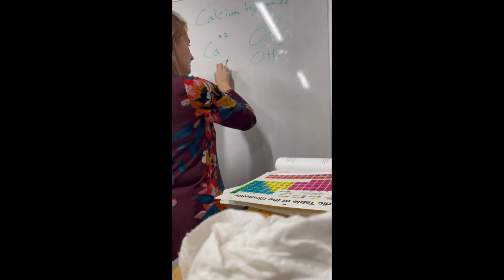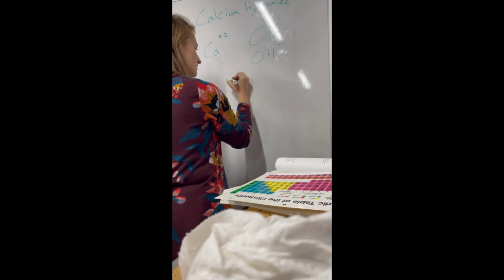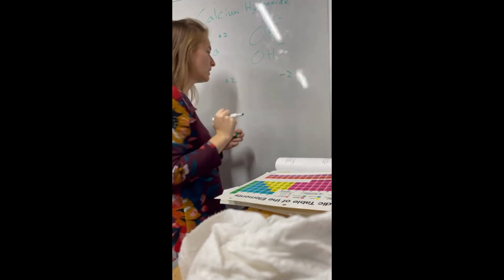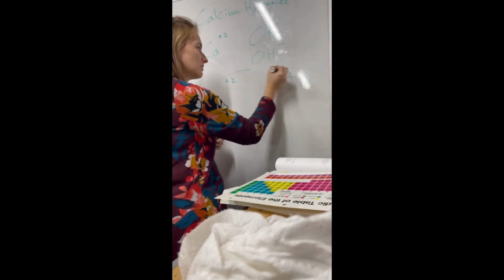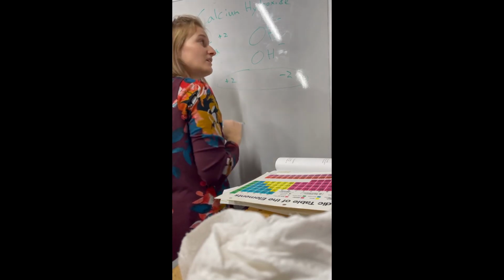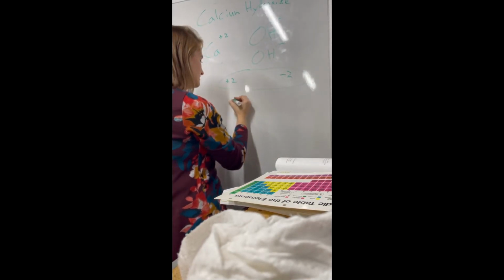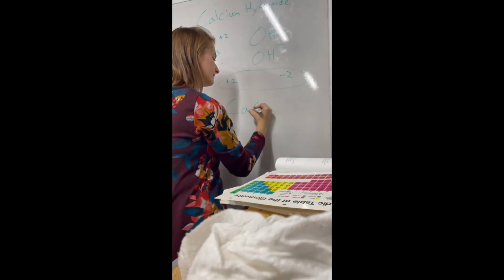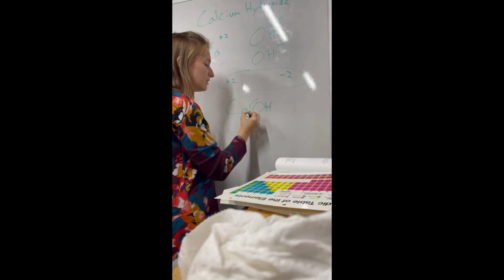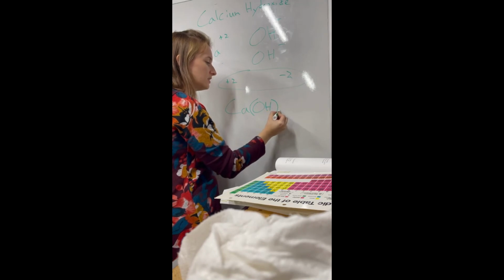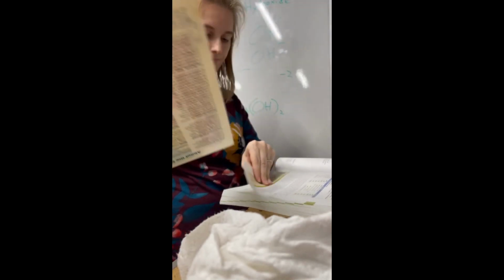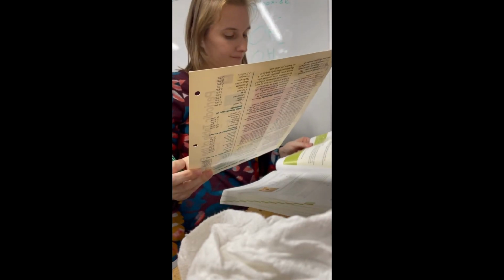All of a sudden, we have +2 over here and -2 over here, because there's 2 of them, and they each have -1. So look, the charge is balanced. So what is the chemical formula? It's 1 of the calciums and 2 of the hydroxides. Now, to say that there's 2, you put it in a bracket, and you put 2. Calcium hydroxide. Yep.